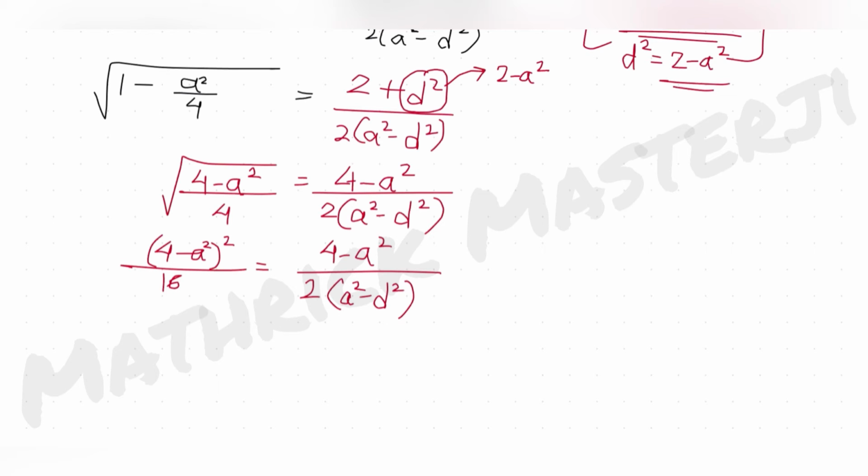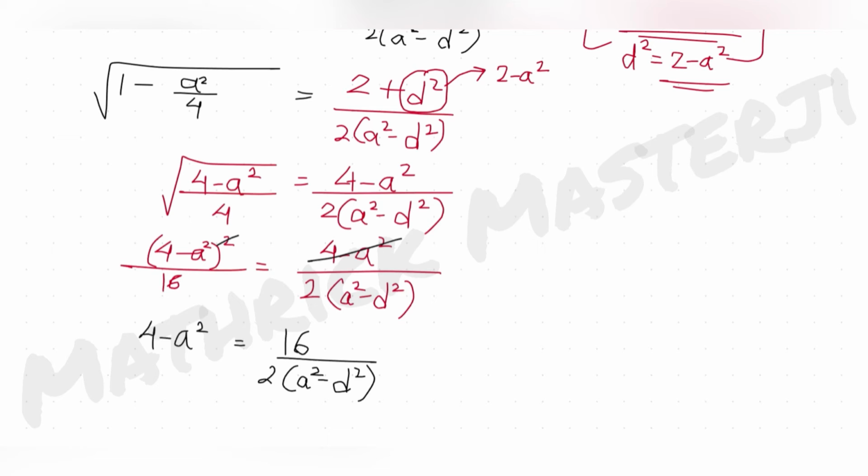So this one term gets cancelled. And when this one term gets cancelled, I'm left with 4 minus a square. And that is equals to 16 divided by 2a square minus d square. So from here, I am getting, and if you're squaring this, 4 minus a square, oh, we have made a mistake here.